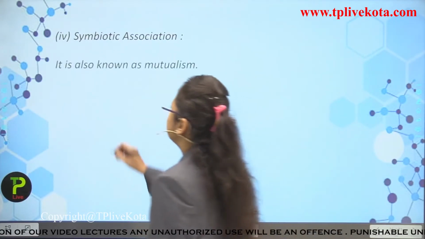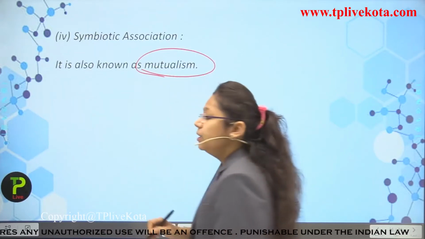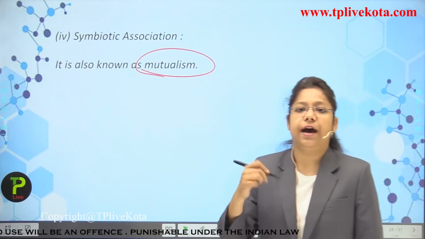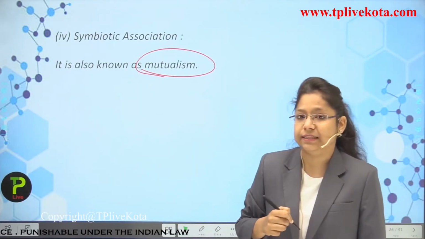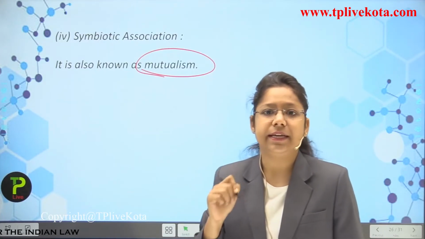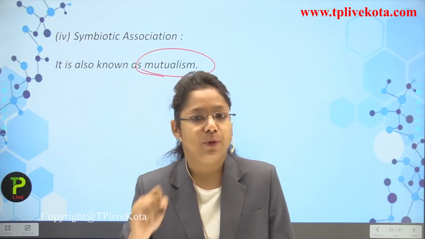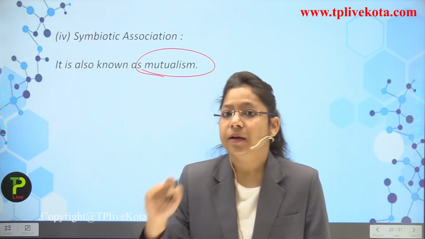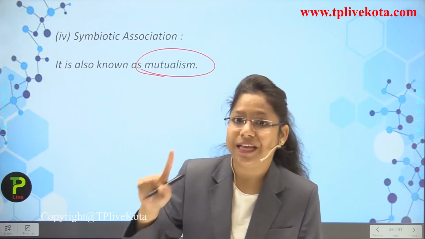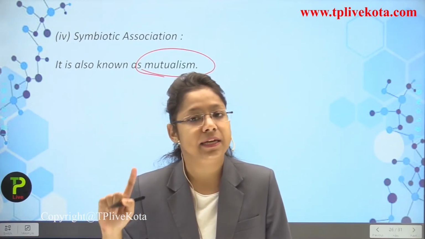Symbiotic relationship means the two organisms are benefited by each other. So it is also known as mutualism. Mutualism means you are in a mutual bond with one another. In a mutual bond, both the organisms are benefited. Okay, no one is at a loss.